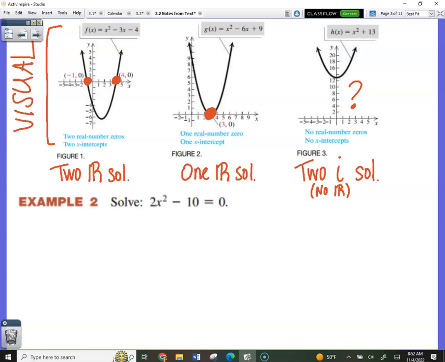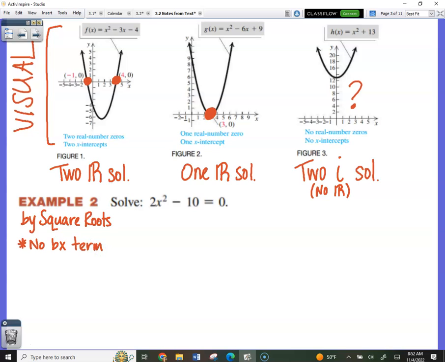All right, this is an example of solving by square roots. You will notice there is no bx term at all.